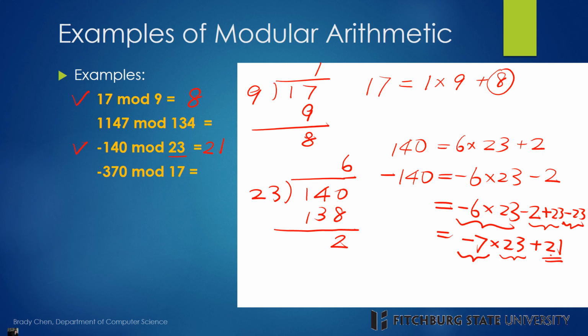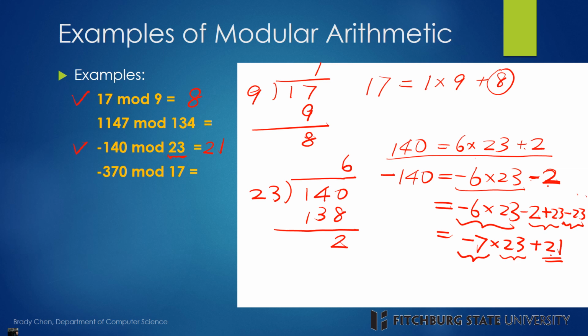So for a negative number, you can start with the positive and do the division to create this relationship. Then we put a negative here, and the remainder becomes negative. So in order to fix it, we add 23 and subtract 23, and the minus 23 is combined with the first term.